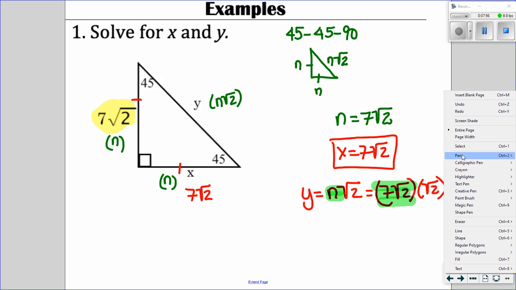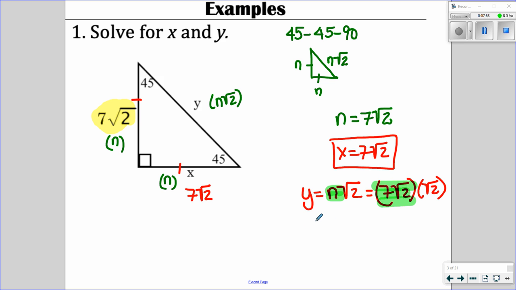So now I'm going to simplify. Again, you're multiplying radicals. You already learned this. I don't want to see any decimals with this. I need to see radicals or the most simplified form for your answer. So we know that when we multiply radicals, the same number underneath the radical, it would be 7, and then radical 4, because 2 times 2 is 4.